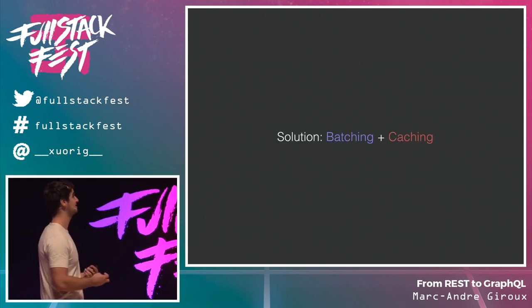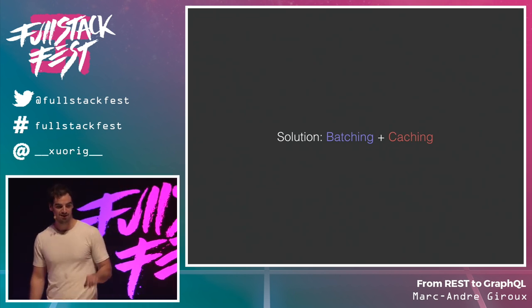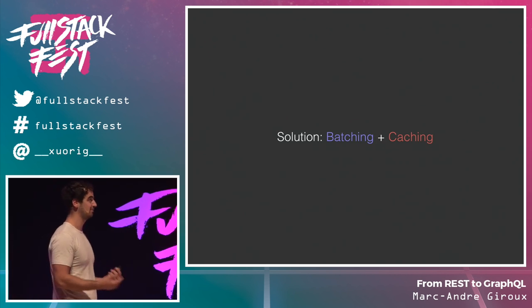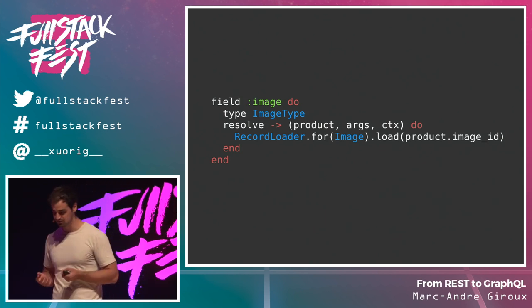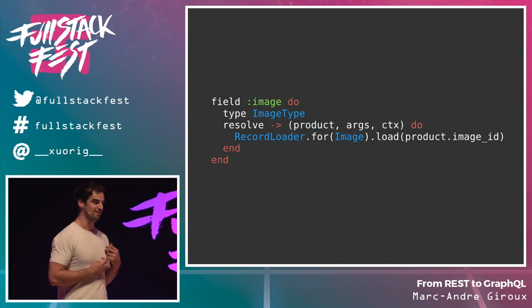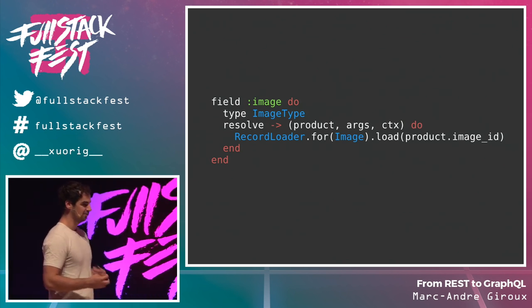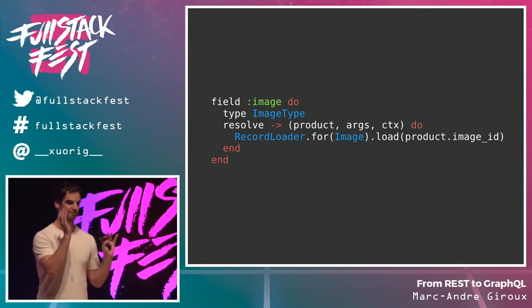And for that, the solution is a lot of batching and a lot of caching. I'm just going to talk about how most people using GraphQL do batching, which is by using something like loaders. What loaders do basically is, instead of immediately returning the product image, for example, we're going to say, loader, I want that image, but don't fetch it just yet.